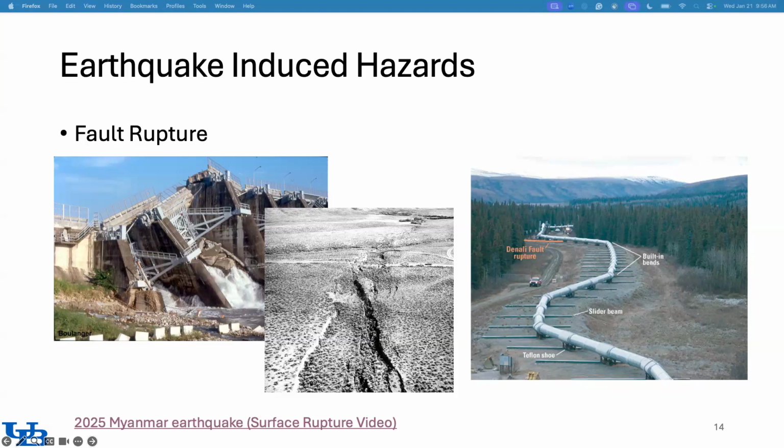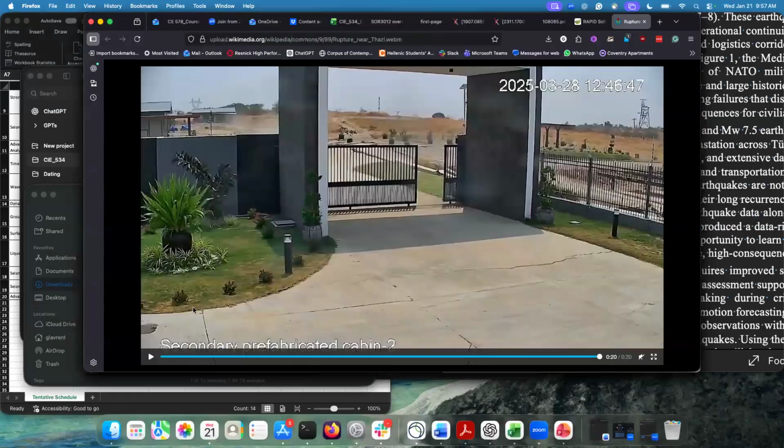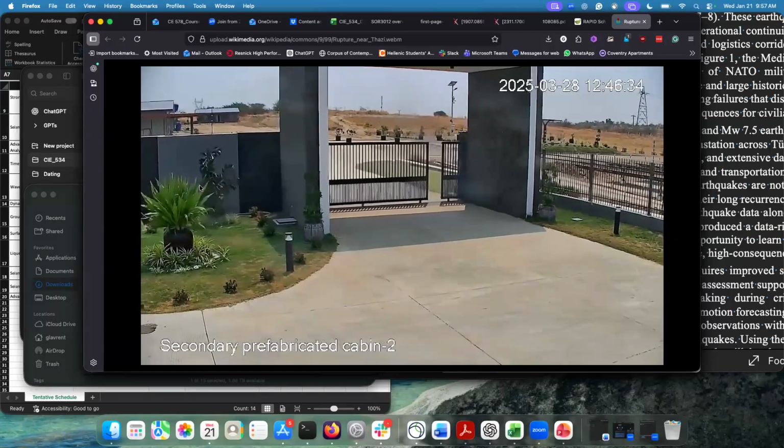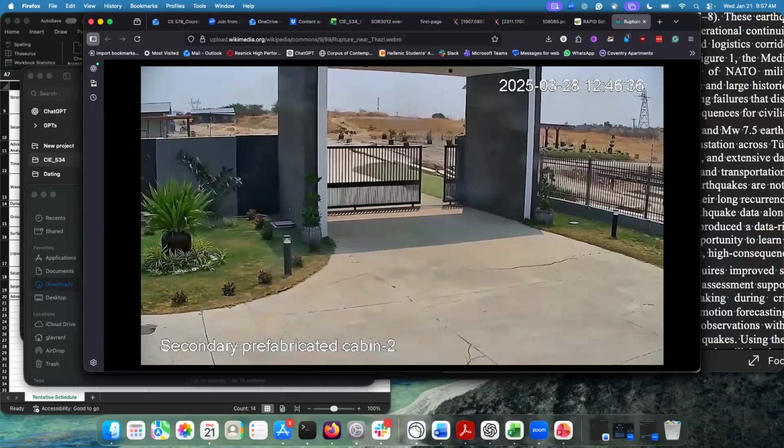This was from the recent Myanmar earthquake, and if I play it back, you see the rupture is here, and you see at 10 seconds how one side moves.